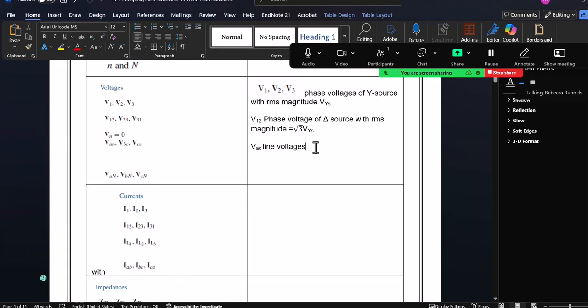Okay, so VAC, line voltages, magnitude VL, and same as phase voltages of delta load.